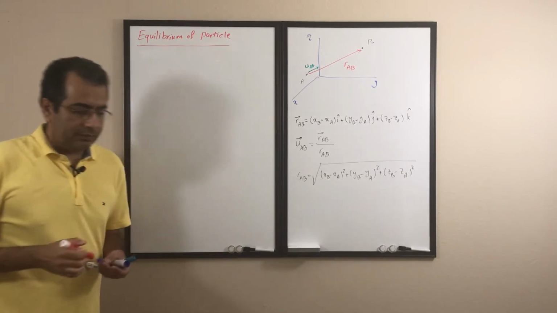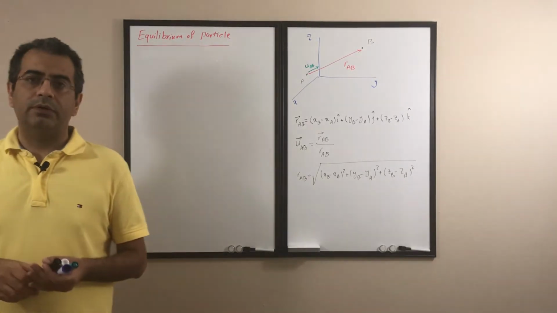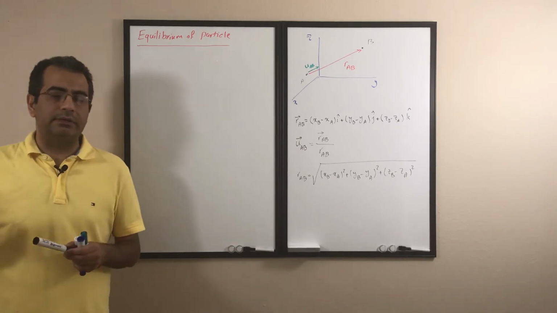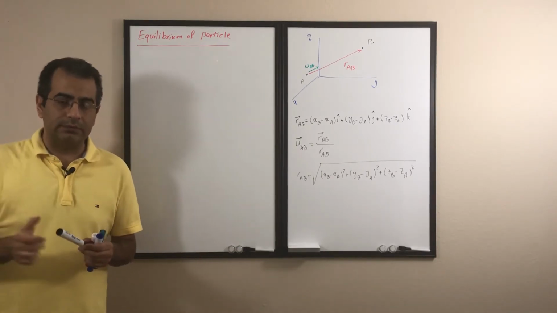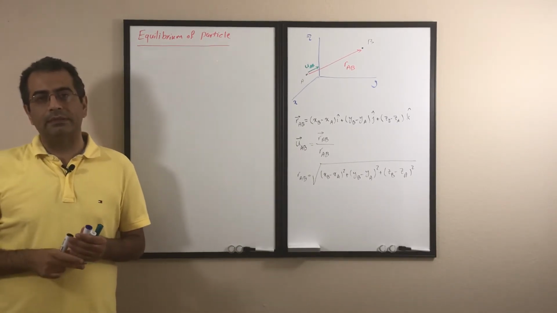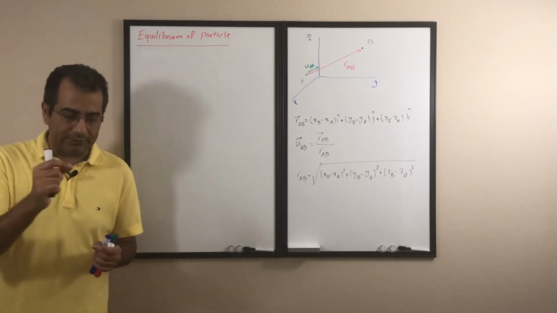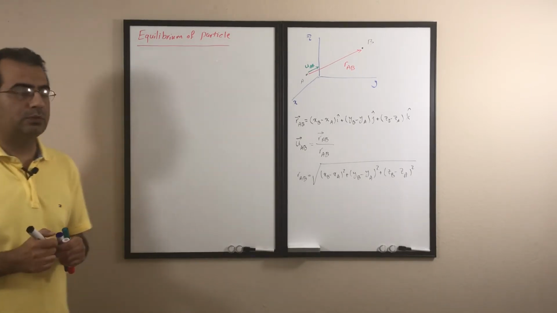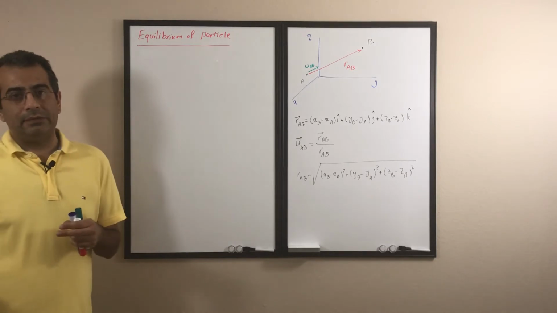When we are talking about equilibrium of a particle, it is the situation where all the forces go through a single point. So we have a single point that all the forces go through. Again, we may have it in 2D or 3D.